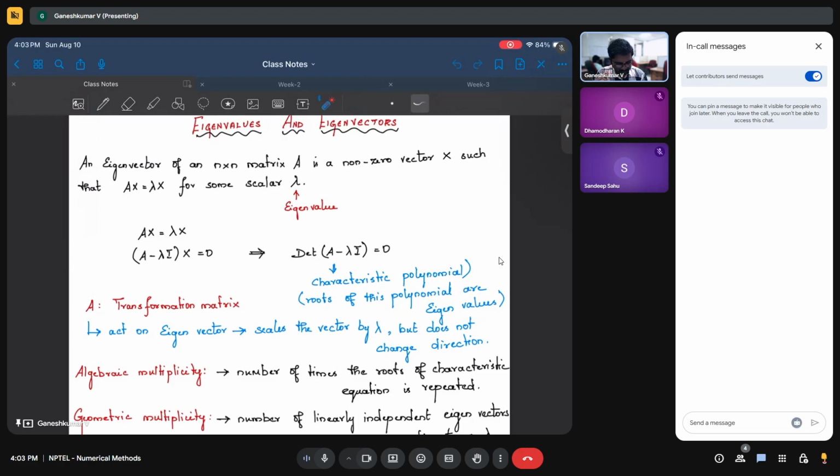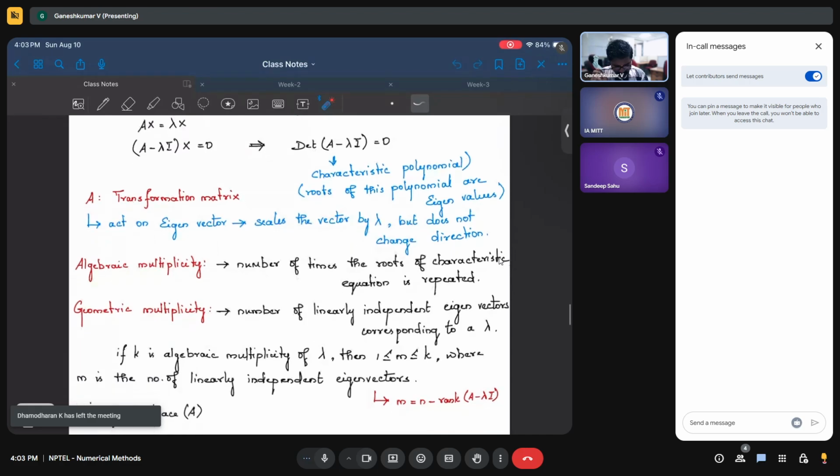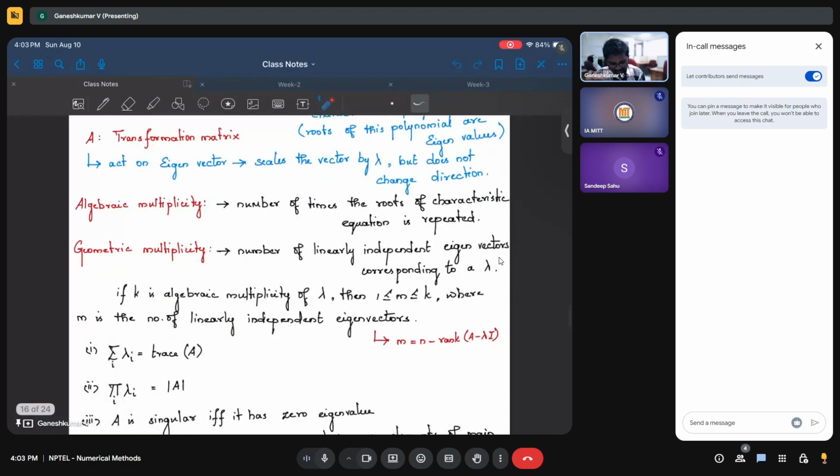Once you find the eigenvalues, you put them in the Ax equals lambda x expression, or (A minus lambda I) x, and then you can find x, where the x vectors are the eigenvectors. As I said, if you consider A as a transformation matrix, eigenvectors lie along the directions where the vector just scales rather than changing direction.